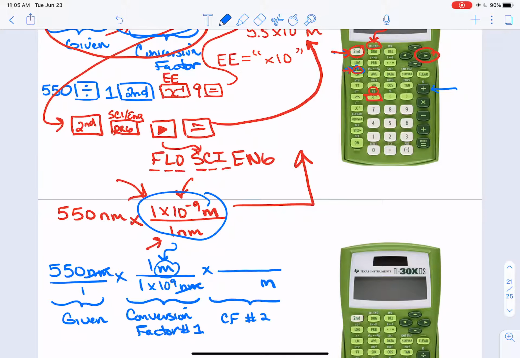Which is 1, so I've gotten rid of it, and I want to go to picometers. Now, picometers is the smaller unit, so I suggest that you put the 1 next to the bigger unit and figure out how many of the smaller units, the picometers, you can fit into that meter. So it's going to be a very large number of picometers that you can squish into a meter. 1 times 10 to the what?